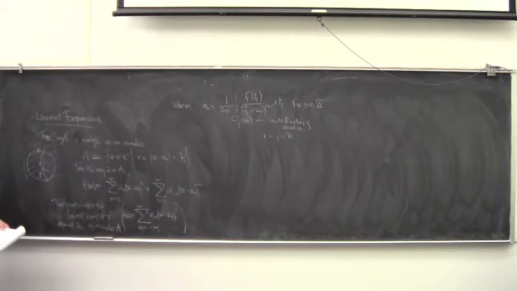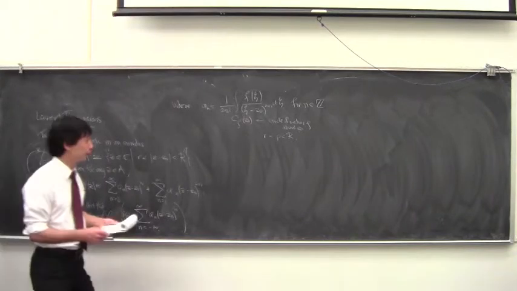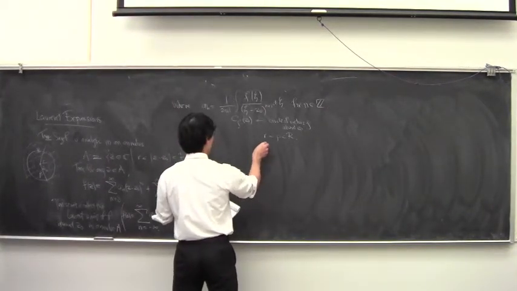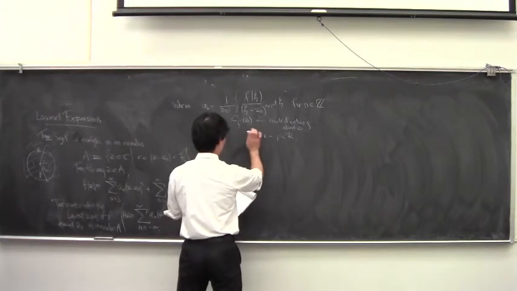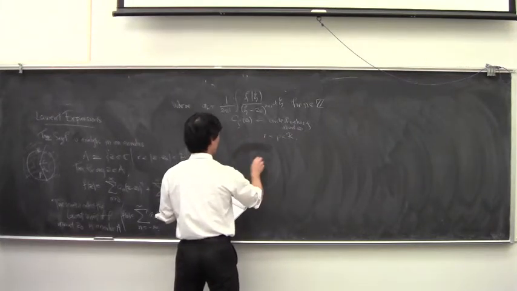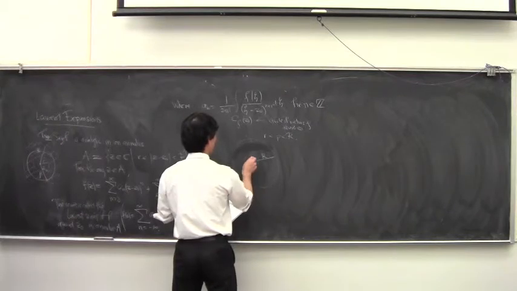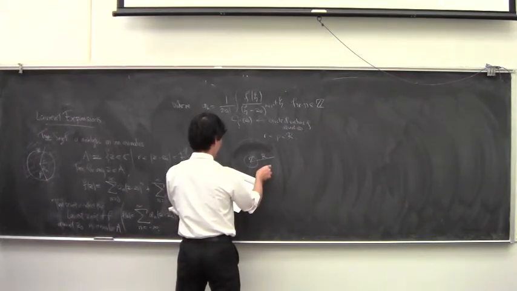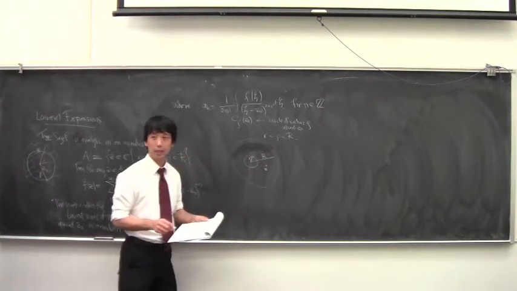So I think there's no way we're going to make it through this in 4 minutes. But let me try and give you an idea of how it works. So the idea is this: you have your annulus, capital R, little r, and you have your point z that lies inside there.